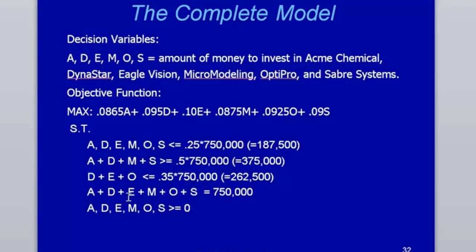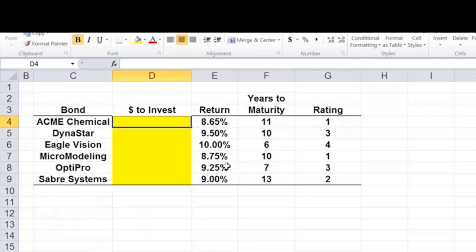Then let's go back to look at our objective function. Our objective function is to maximize the return. Those are the sum product of our return rate and the decision variables. Okay, so we go back to see the total return, and we have those return rates here. And we know that the objective function would be just the sum product of this column and this column here.